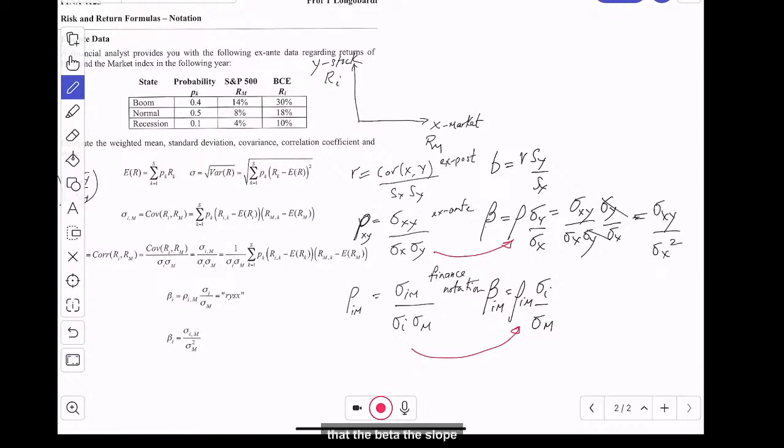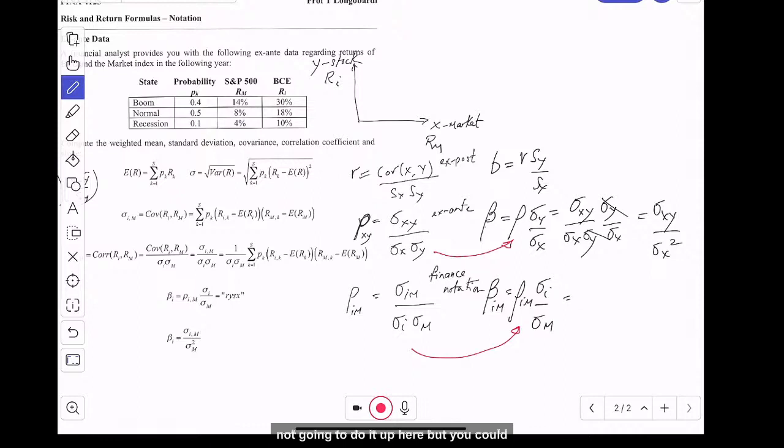that the beta, the slope, is the covariance per unit of variance. That's what the beta or the slope is picking up. The covariance per unit of variance. And finally, that would be here as well.